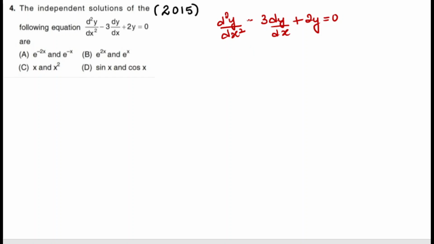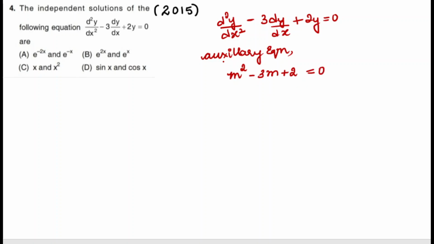Now what I need to do is solve this equation. How to solve this equation? I can write the auxiliary equation of the following equation. What does the auxiliary equation tell? Instead of d square y divided by dx square, I write m square, where m is a root of the equation, minus 3 times m plus 2, which is equal to 0.